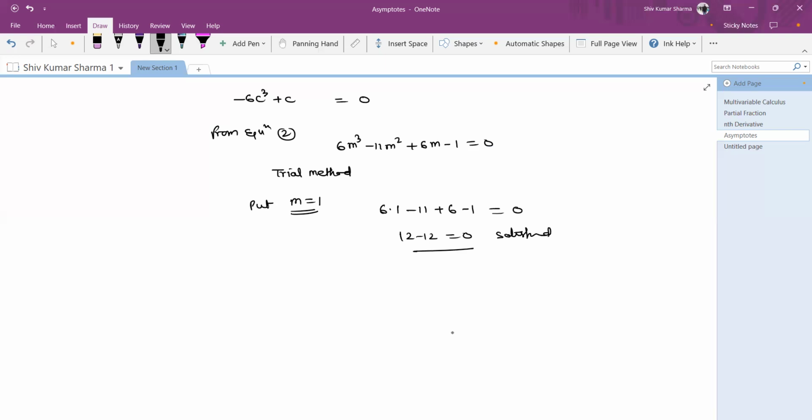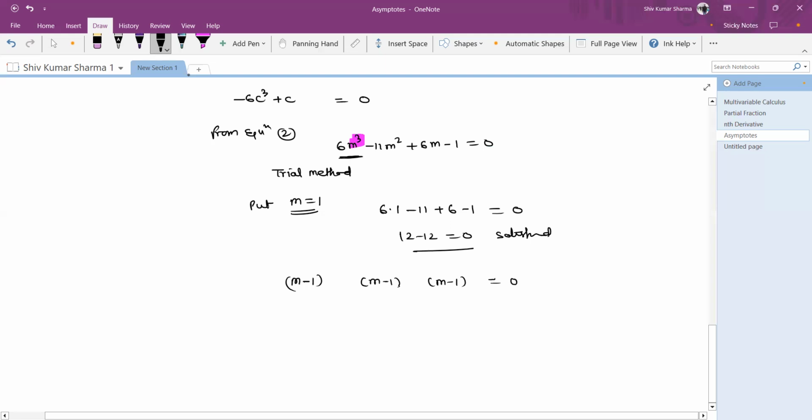Now the remaining factors we can obtain easily. The first factor is m minus 1. This is the cubic equation. You remember how to obtain the other factor. When we have a cubic equation, we write down the first factor m minus 1 as the divisor. Now the first term is 6m cube.